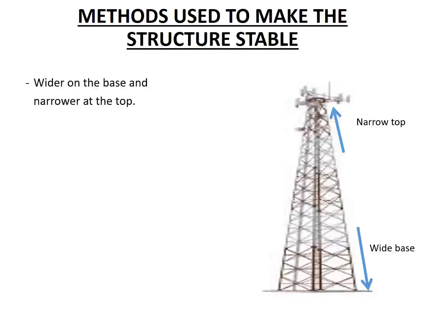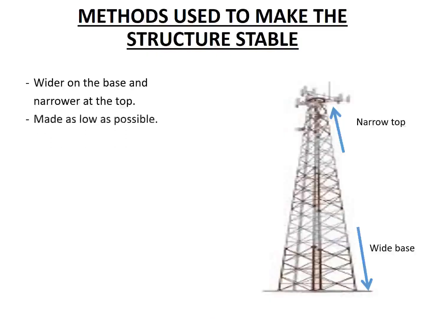You'd realize the top is very narrow as compared to the base. I think even with a windmill, you'd appreciate that at the bottom it is very, very wide, but as you climb up to the top, you realize it's very narrow. That's one method of making this particular structure very stable.